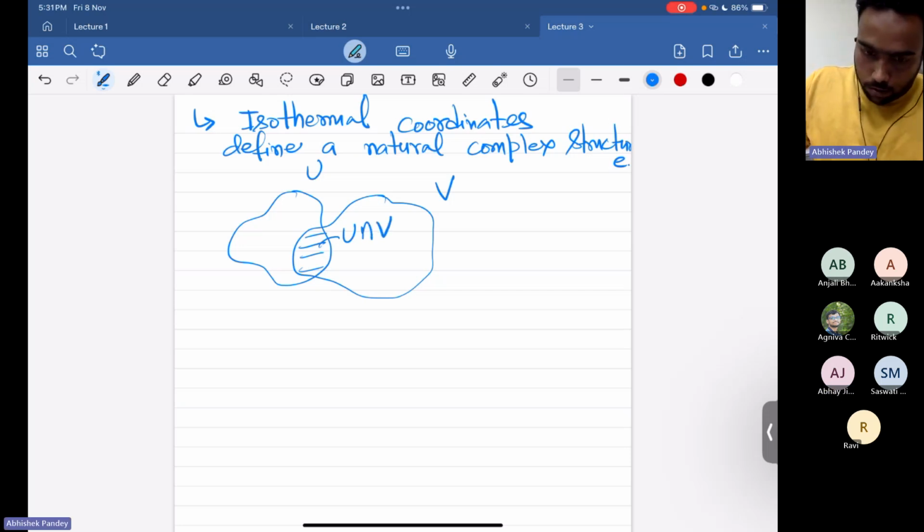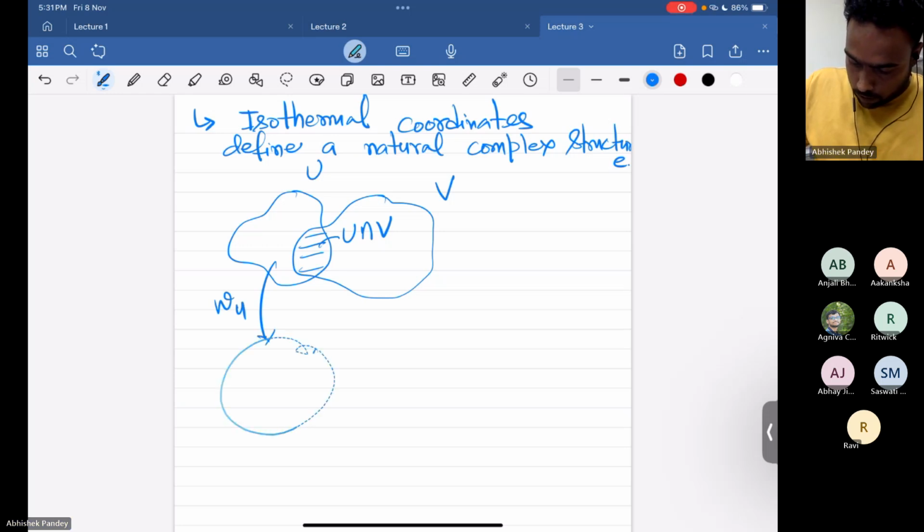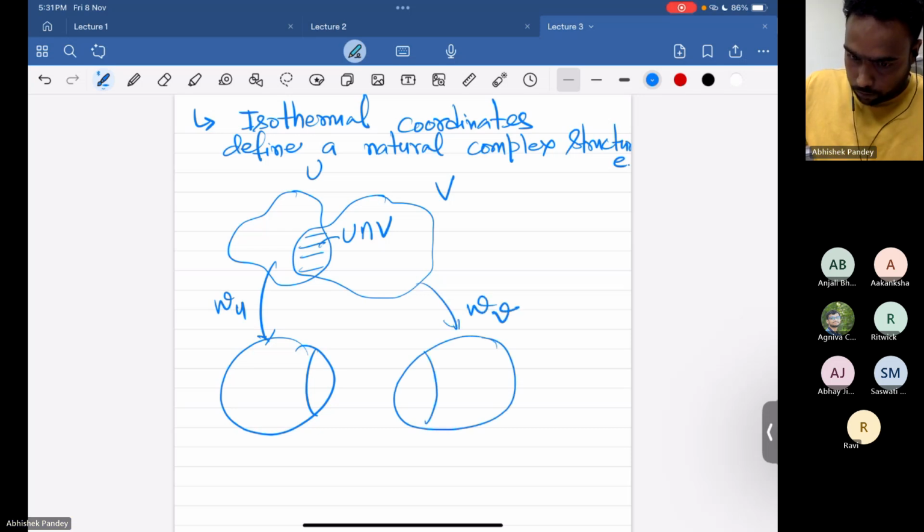So this is U and V. This is, let us say, W_U, and this is W_V. And this is our map phi between these. So this phi is going to be a conformal isomorphism.